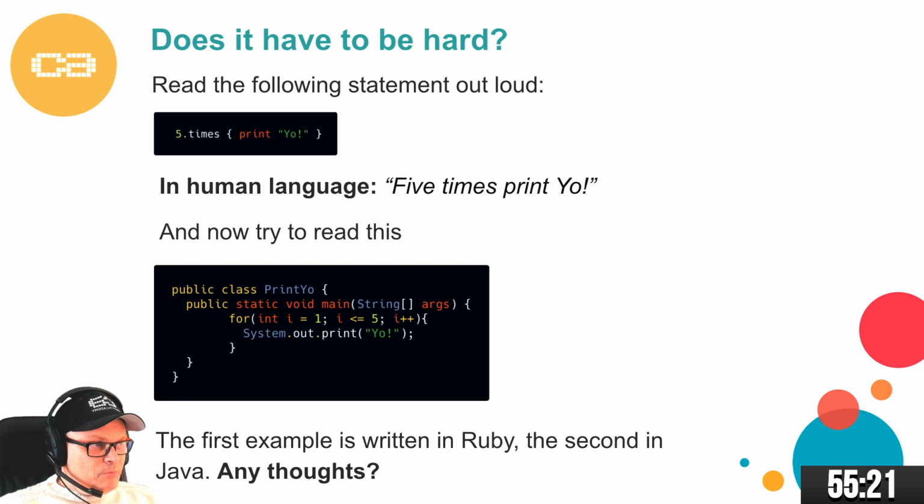If you look past the dot and the curly brackets, you can almost make out what it's supposed to do, even though you're not a good programmer, right? And if you look at the one written in Java, first of all, more lines of code. Again, this is perhaps not the only way you can do this in the Java programming language, but what I'm trying to say is that this is far more complicated than the Ruby example.